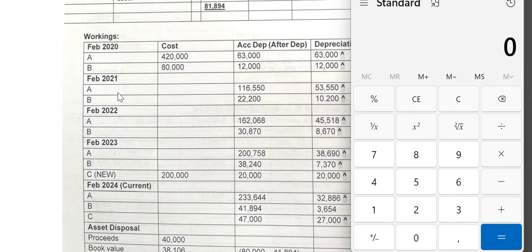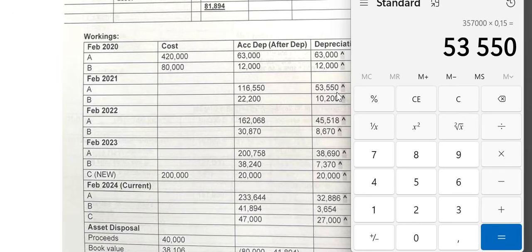So to calculate the depreciation in the second year, let's do A first: 420,000, which is the cost price, minus the accumulated depreciation to date, gives 357,000, multiplied by 15% is equal to 53,550.